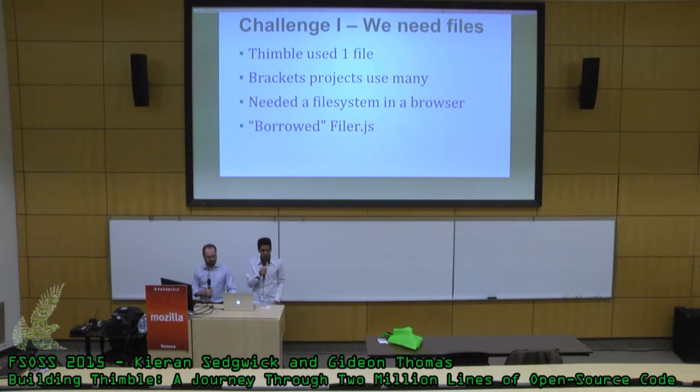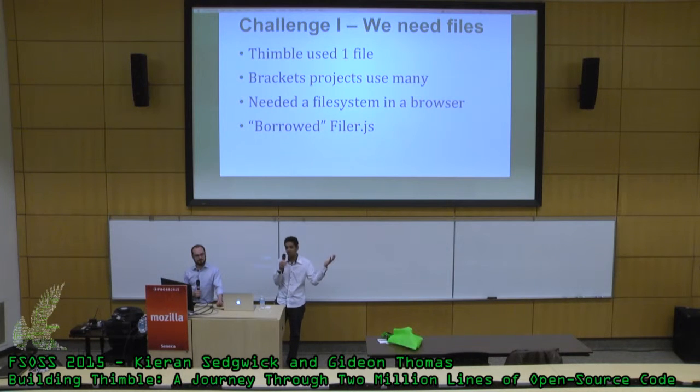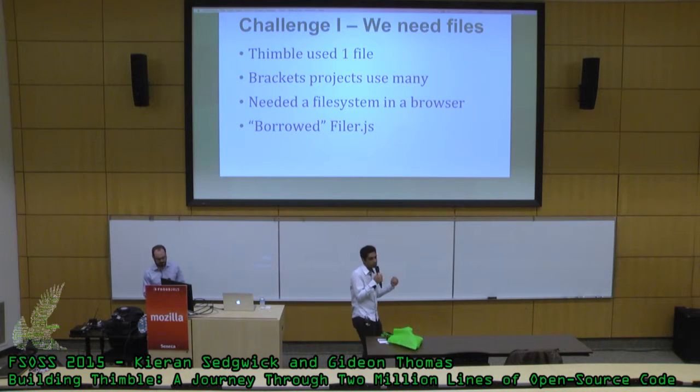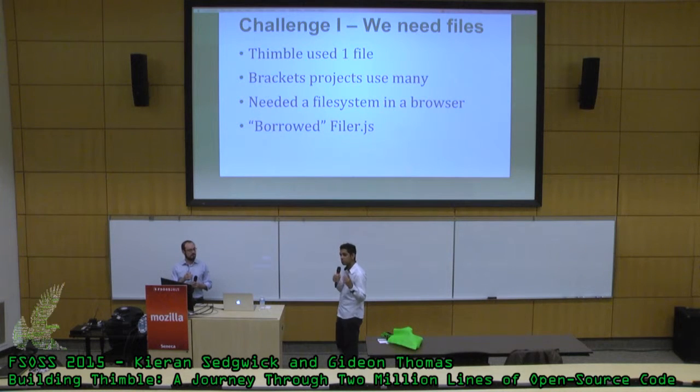But of course, with any software, nothing's ever that simple. You can't just take Brackets, put it into the browser, and oh my God, it just works. Fortunately, that didn't happen. So there came our first challenge. We needed files. The reason we needed files was because initially, the first iteration of Thimble only worked with one file.